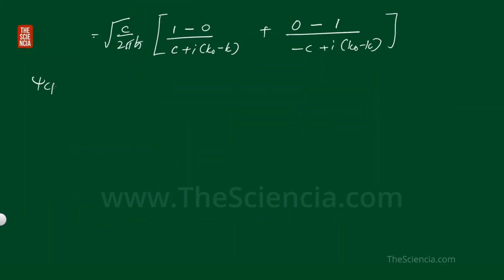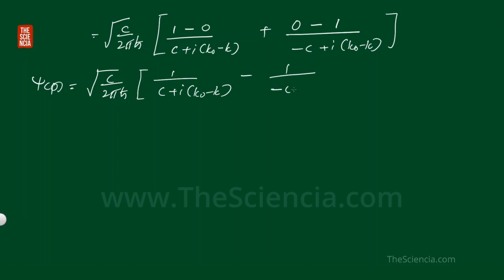So this psi of p we obtained as root c by root 2 pi h cross into 1 by c plus i k0 minus k minus 1 by minus c plus i k0 minus k.